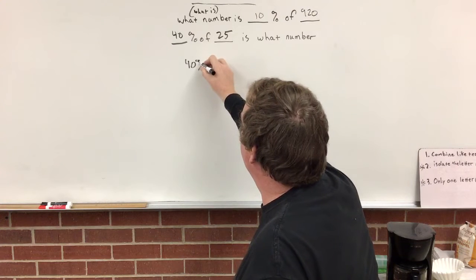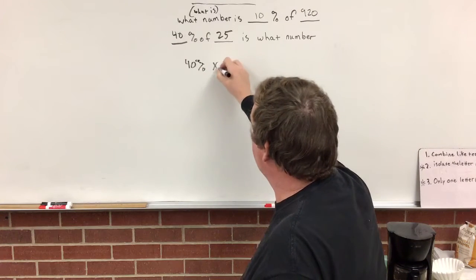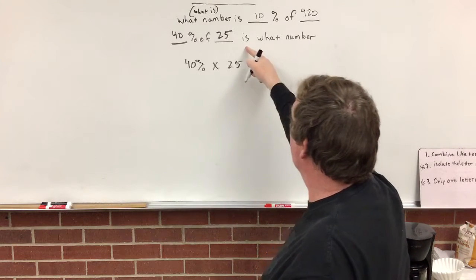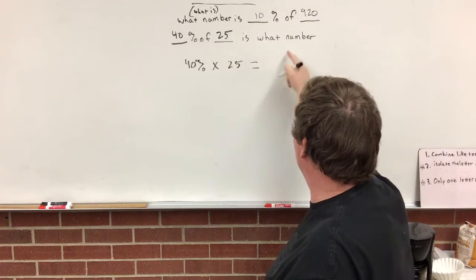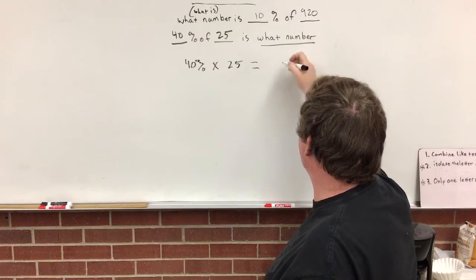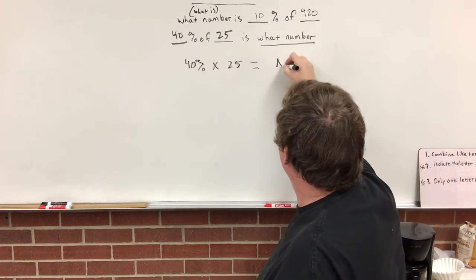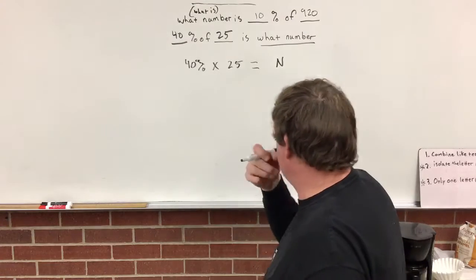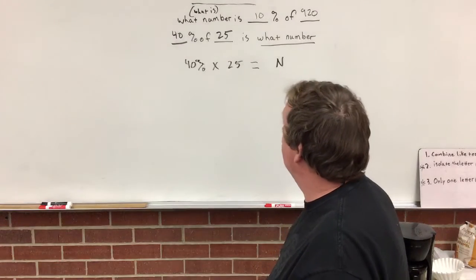The word of means multiply. Then we put the next number down, 25. The word is means equals, and whenever we see the word what number or what, we put the variable of n. So what number? We don't know what number that is. That's what we're trying to find out.